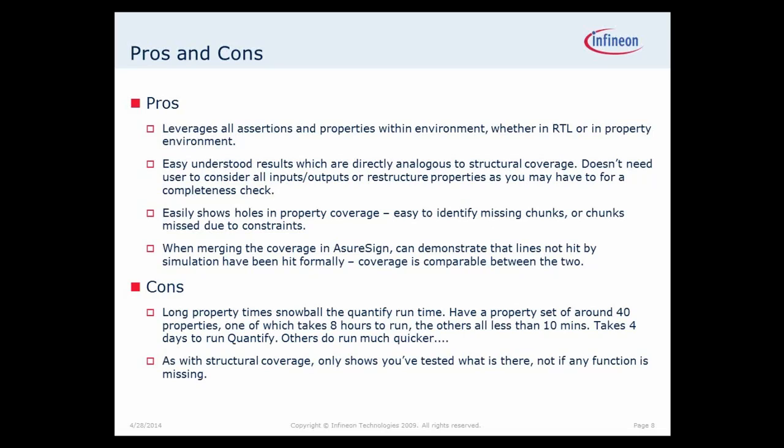My question's also about the long property times. I was using an IFV flow from Cadence with Certitude to do something fairly similar, and I found that I didn't need to run my properties until they passed, because it's injecting mutations. They were fairly gross errors, and I basically took a lack of failure within about 10 seconds of running my properties to mean that it had not detected a fault.